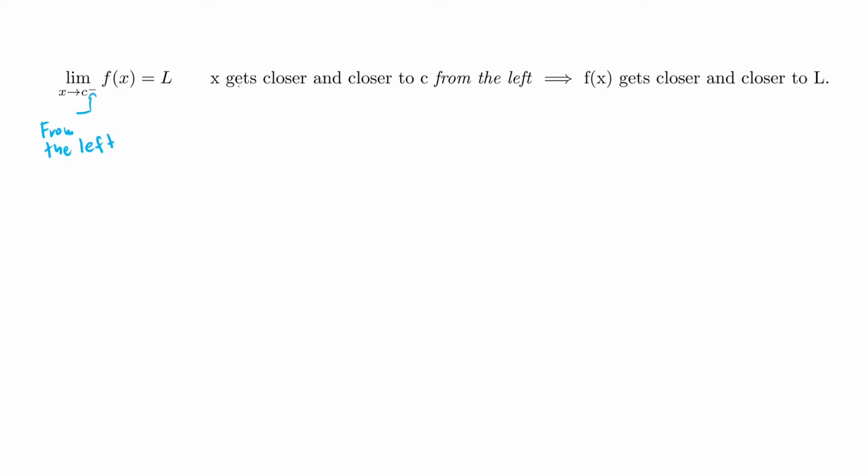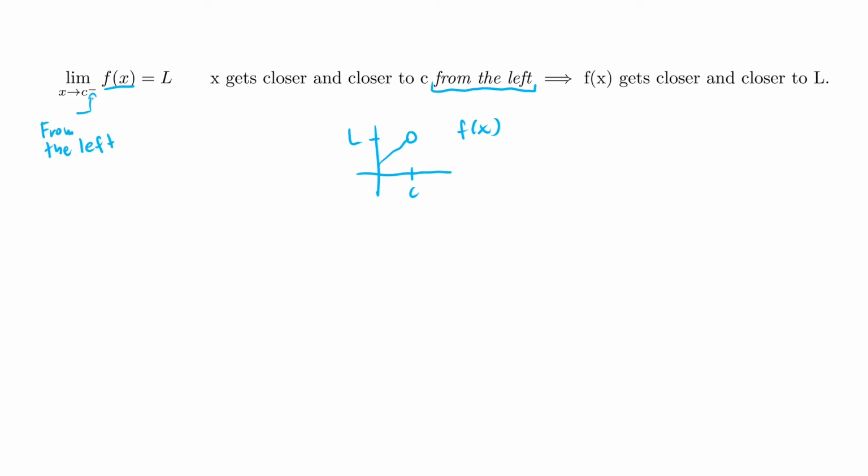So it's the same idea of a limit: x gets closer and closer to c, but we only care about the one-sided approach as f of x gets closer and closer to L. So if I graph my function with my c here and my L here, in this example we would be able to say the limit of f of x as x approaches c from the left, with a superscripted negative sign to the right.